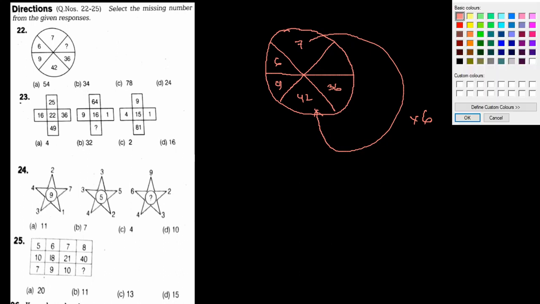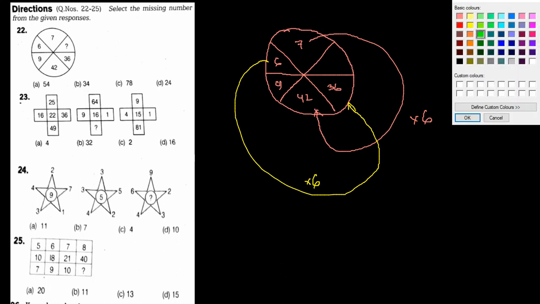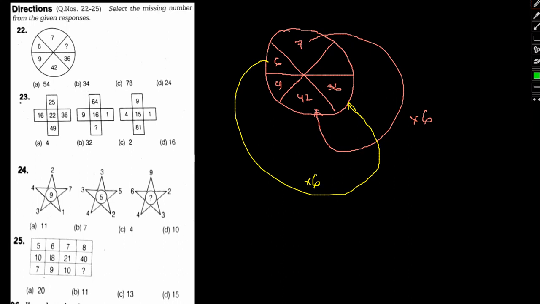And similarly, from 6 to 36, if we want to go, again multiply 6 with 6, we get 36. Okay, so keeping that in mind, this particular blank will be nothing but 9 into 6, that is 54. So 54, yes, option A is the answer. Okay, I hope this is clear.